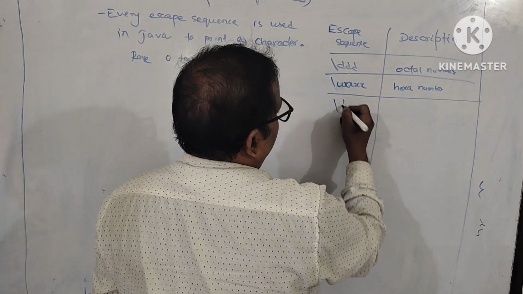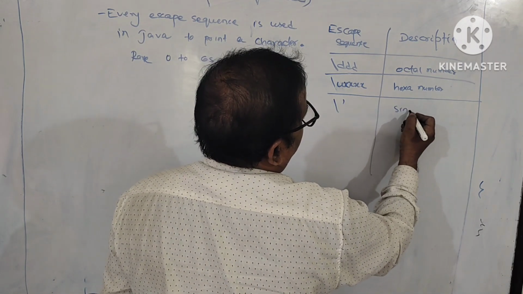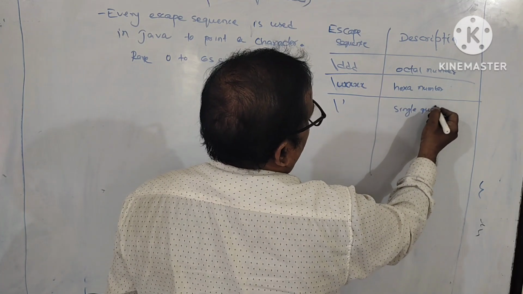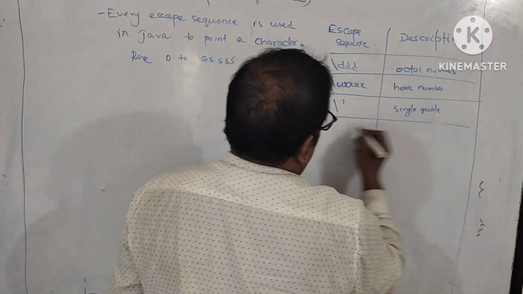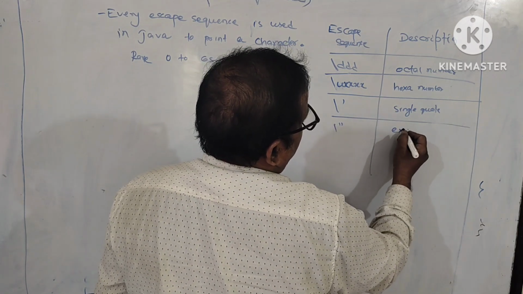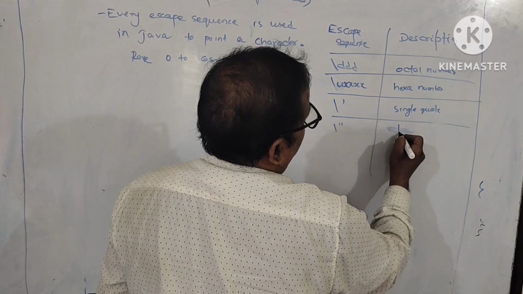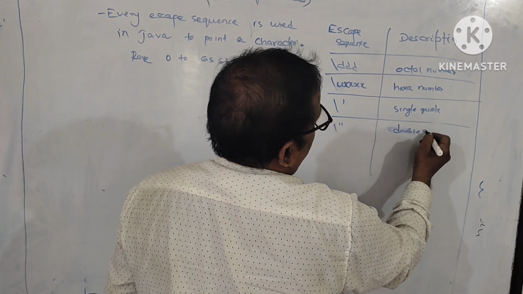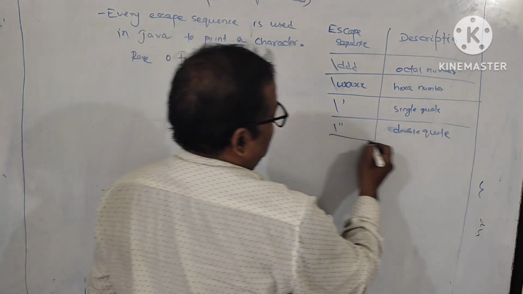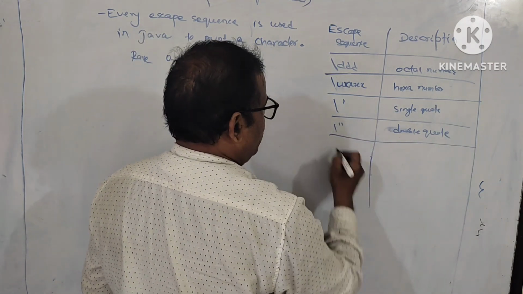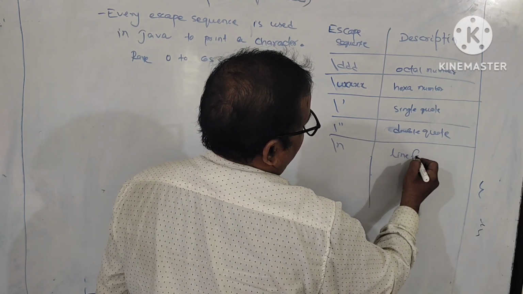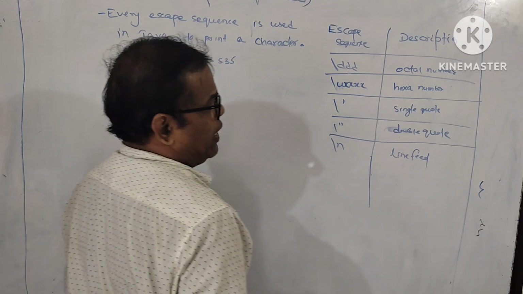The third category is called single code escape sequence, and this is called double code escape sequence. Everybody knows about slash n, which is called line feed or line break.